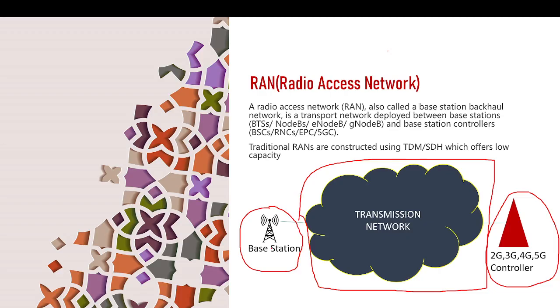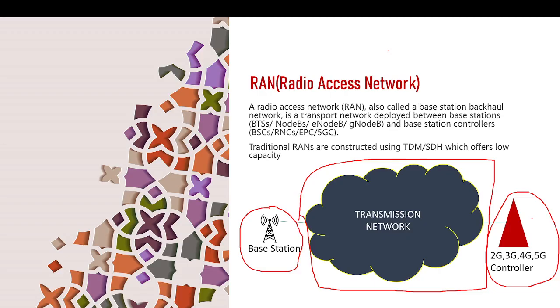From the base station to the controller. The network between the base station and the controller is what we call the radio access network. So the base station definitely will not be part of the IPRAN network; it's part of the RAN. Another name for this is the base station backhaul network, the transport network deployed between the base station and the controller.